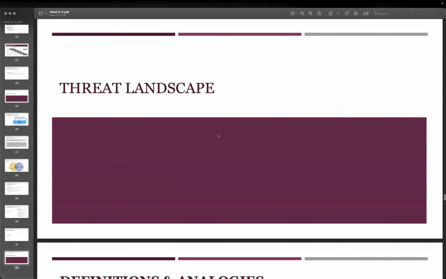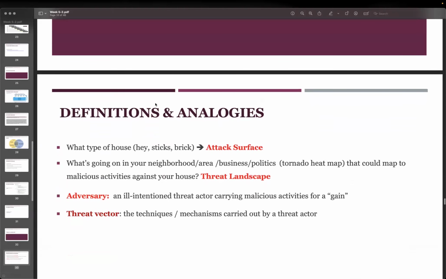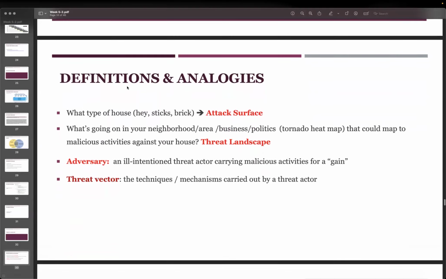And then for the threat landscape, we need to know the definition. When we build a house, the type of house, think about it, is called the attack surface.